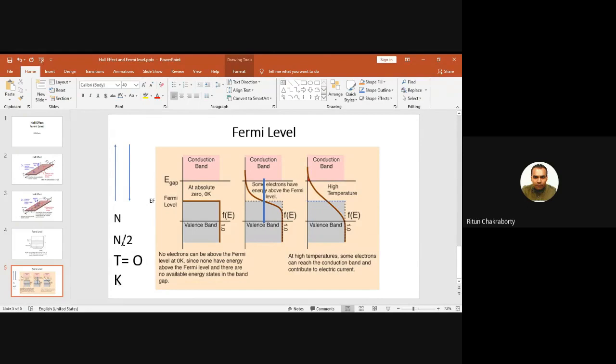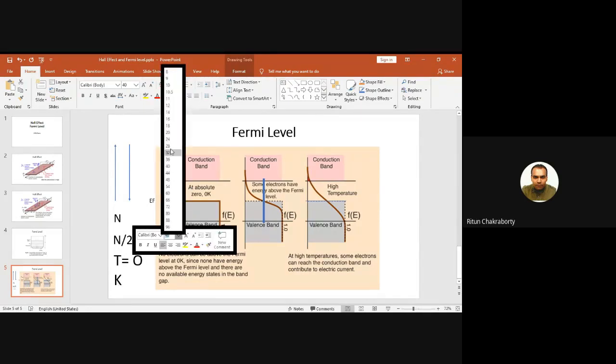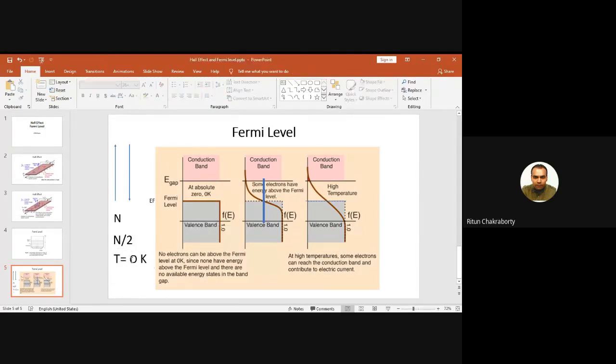All these things that we have been discussing will hold good only when the material has a temperature of 0 Kelvin.